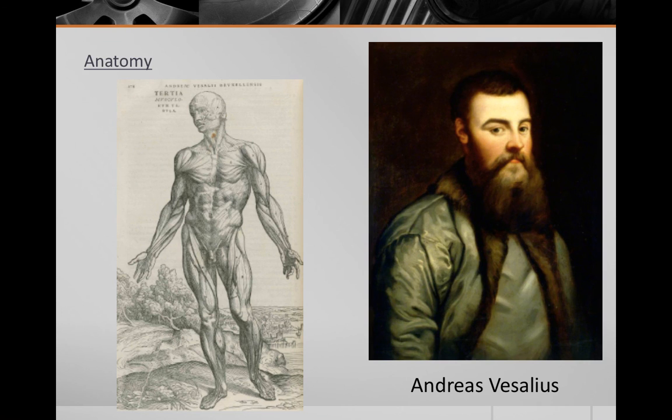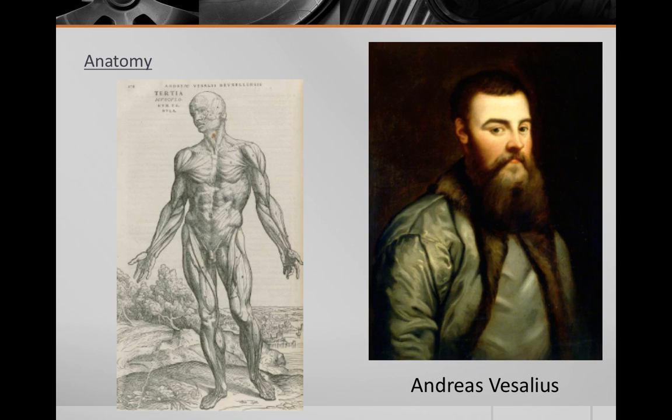So Vesalius is going to carefully study the human body, and he's going to be the first person to do a lot of very detailed drawings of our human body and help people better understand how the body works and the different systems within the body, whether it be our muscles or our bones or our nerves, all those different types of things.